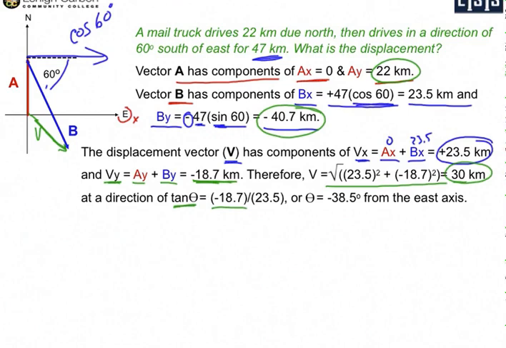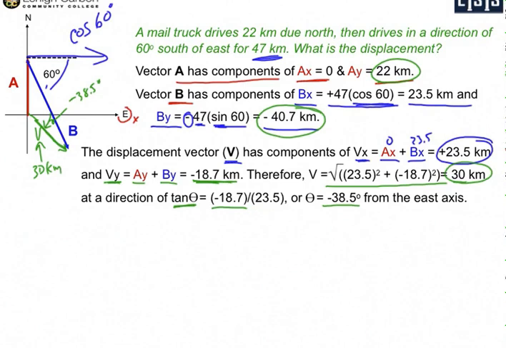And remember, it's negative, and you're going to end up at minus 38 degrees. So let me see if I can show you here. This angle, theta, is minus 38.5 degrees. And the magnitude of V here is 30 kilometers.